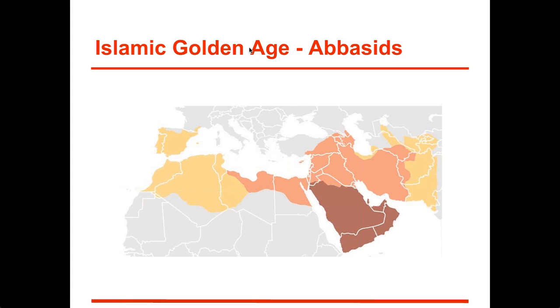And just before we start, really quickly too, I wanted to point out that the term Islamic Golden Age refers to an Abbasid historical period beginning in the mid-8th century, lasting until 1258.